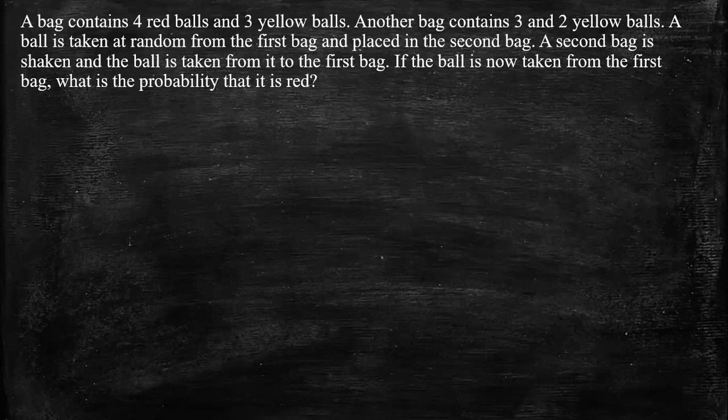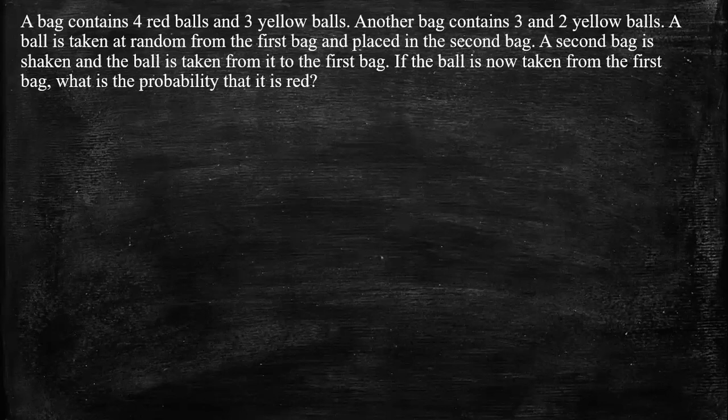So here we are going to be following these statements. We have 2 bags, bag 1, or what they are calling the first bag, and then the second bag. So we are picking a ball from the first bag and placing it in the second bag.